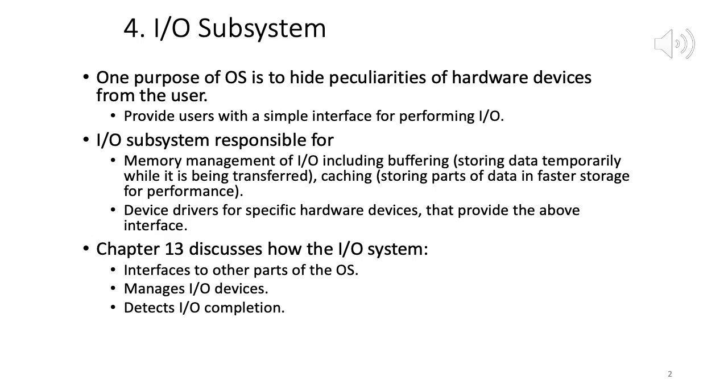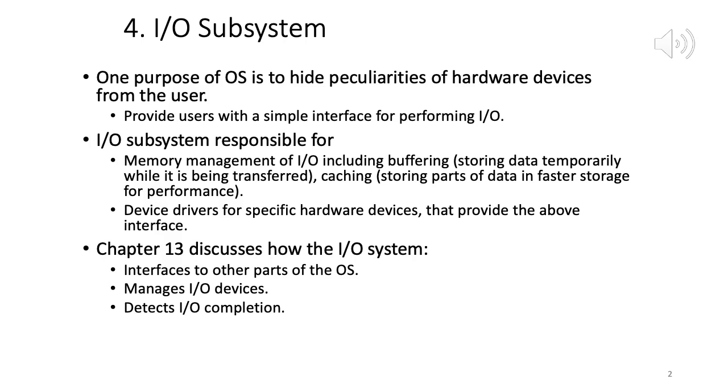Now I am on slide number 2, which is titled IO subsystem. So here, what are these 1, 2, 3, and 4? These are part of the major goals or activities of the operating system, right? Process management, memory management, disk management, and then finally IO management.